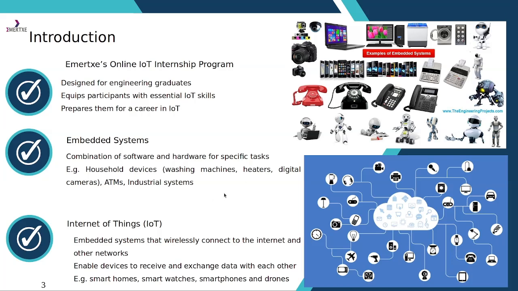A drone is an advanced example of the Internet of Things because it combines the embedded system with IoT to navigate, capture data, and communicate it back to the central system in real time. Your drone is somewhere far, you have a controller, and you're communicating with the drone via a wireless system, whether radio frequency, internet, Bluetooth, or IR.